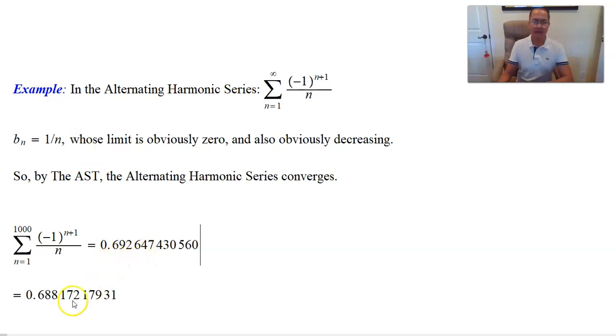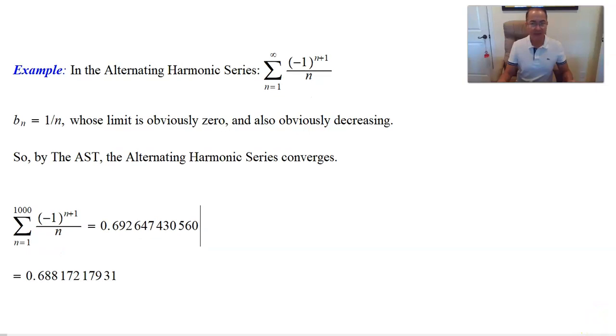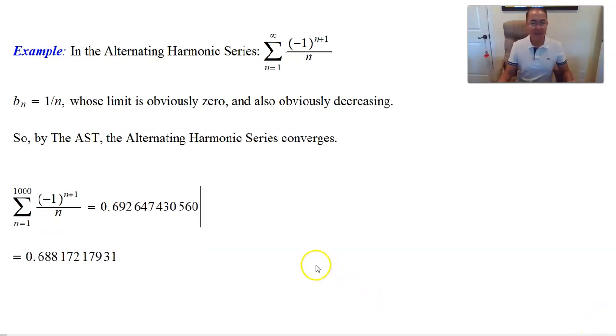Okay, so that's quite a bit different from 0.688. Okay, so what is the exact value of this series? Is there a famous number that you know close to 0.69? Well, maybe 0.7. Maybe the exact value is 0.7. Nope, it is not 0.7.